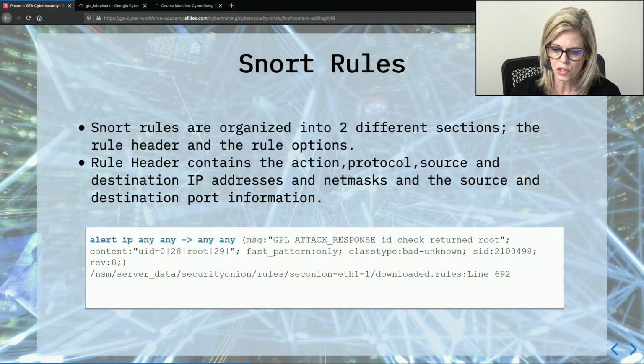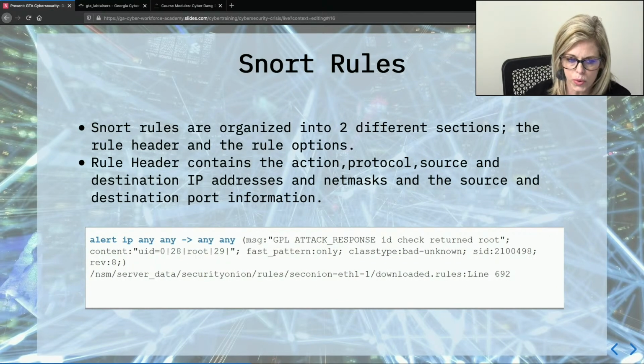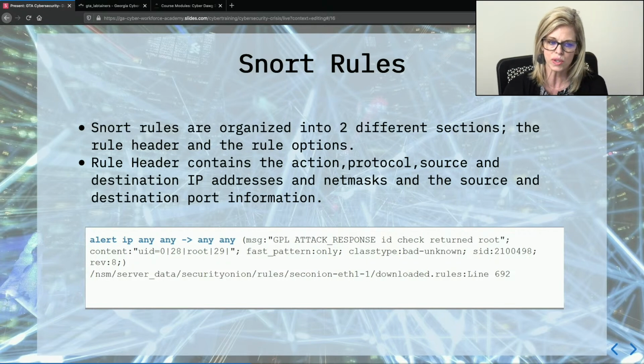So we said that Snort, being an open source intrusion prevention system, was rule-based. Well, let's look at how these rules are organized. They have two different sections: a rule header and a rule option.